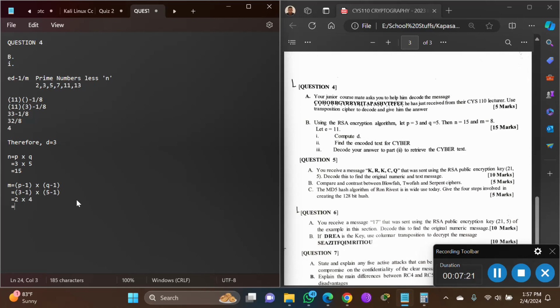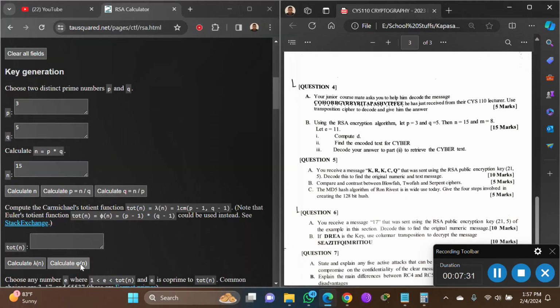So 4 times 2 is 8. No wonder we were given our M as 8. Coming back to the site, if phi is for M and we click calculate phi, we need to get 8. So our M is 8. I'm just showing you how they came up with these same digits.